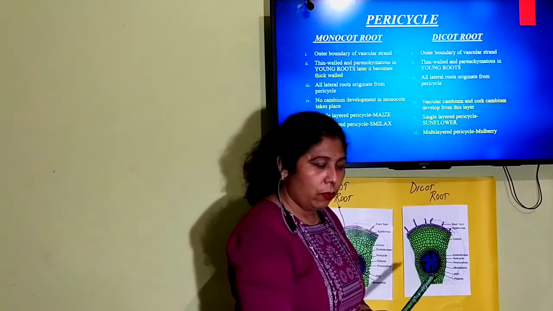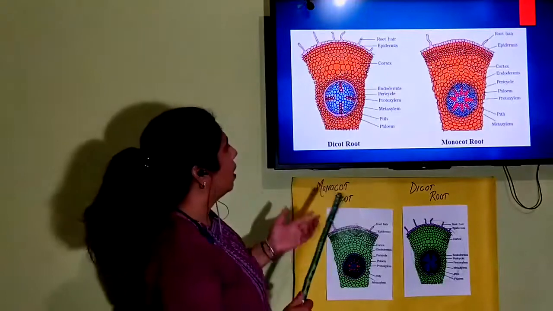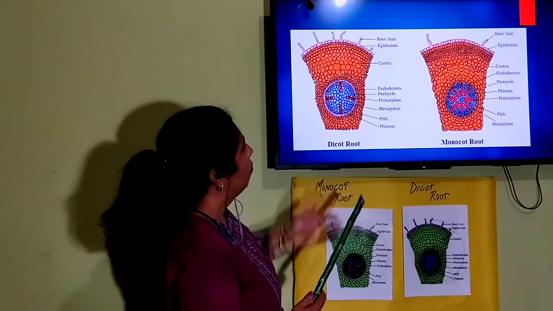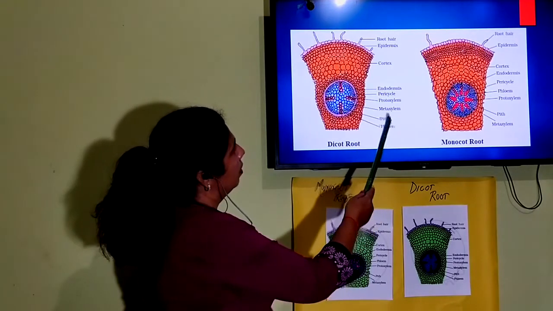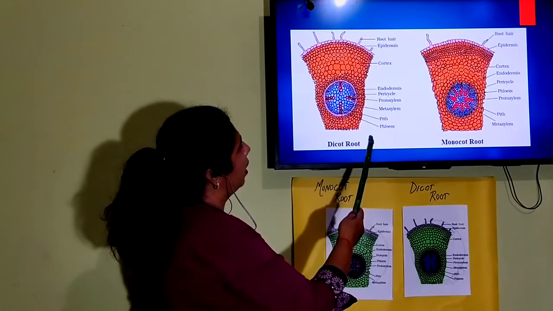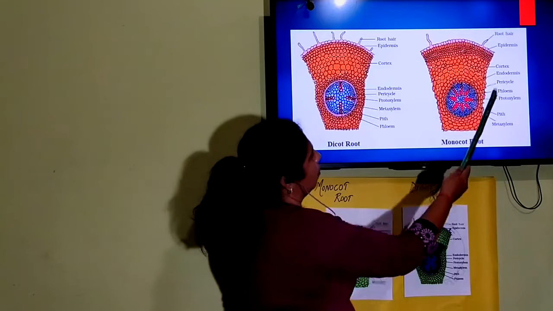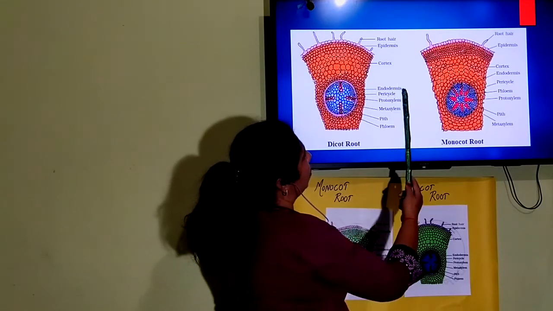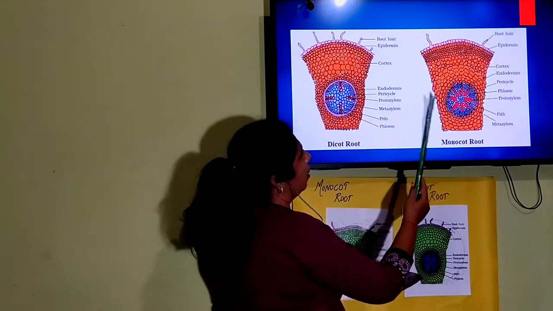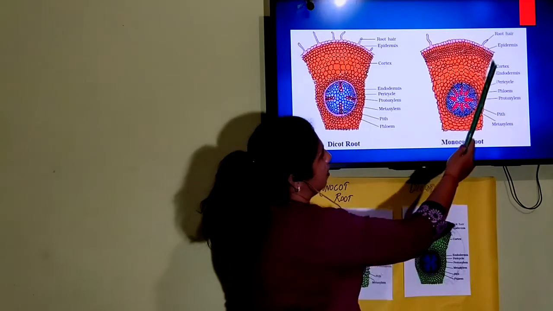This I have shown you previously: the various layers in the dicot root and in the monocot root, all epidermis, cortex, endodermis, pericycle. Till now we have done all these layers.